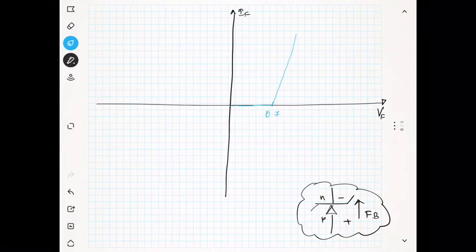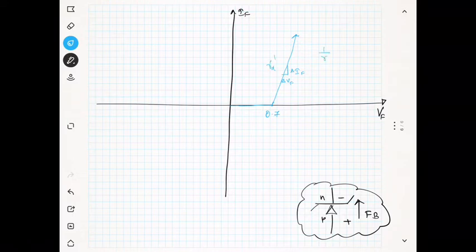So you will have a resistance also, that means delta Vf and delta If. The forward resistance of the diode you can say is Rd dash.